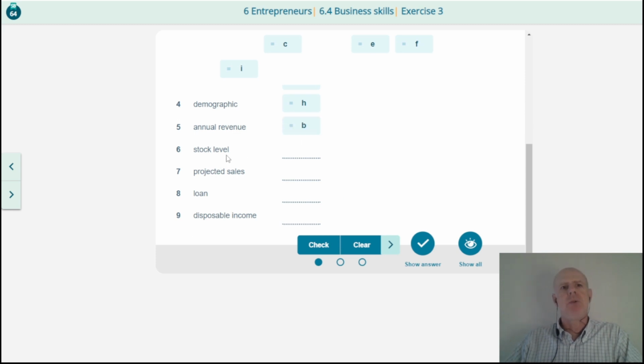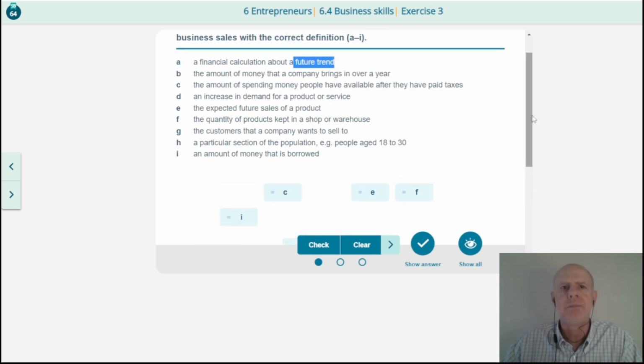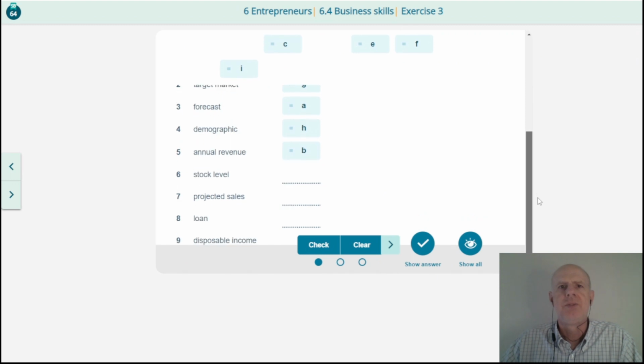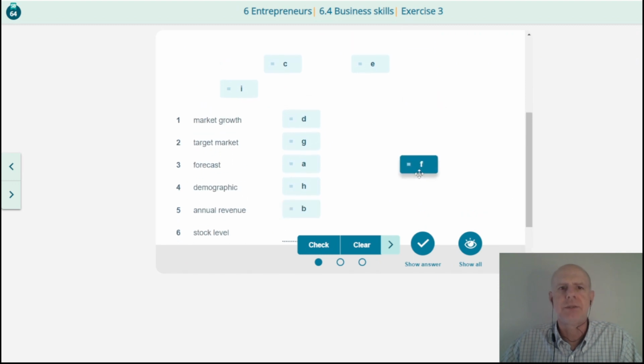Oh, come on. Level, how much you have. Stock, the things that you keep in your shop or warehouse. Remember that one? The quantity of products kept in a shop or warehouse. Letter F for number 6.